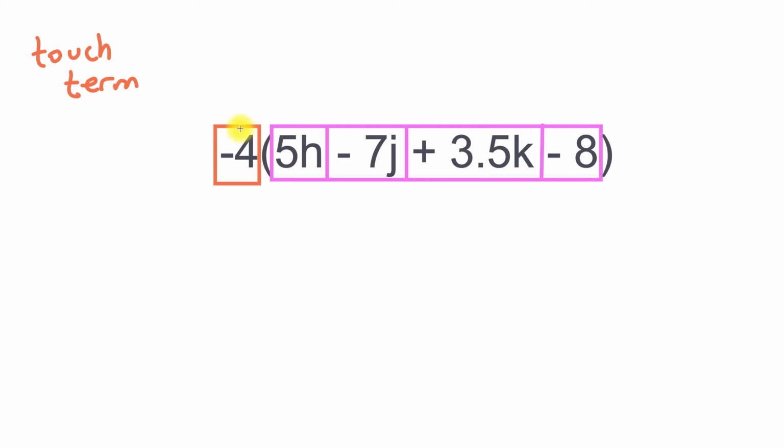So our first multiplication, sometimes also called the distribution, is negative 4 times positive 5h. And when you're multiplying, you're just multiplying the touch term by the coefficient of this term. So we're looking at negative 4 times positive 5, and the result of that is going to be negative 20h.